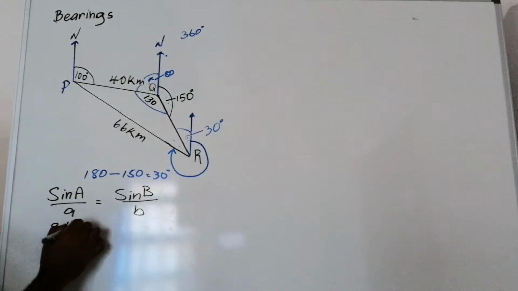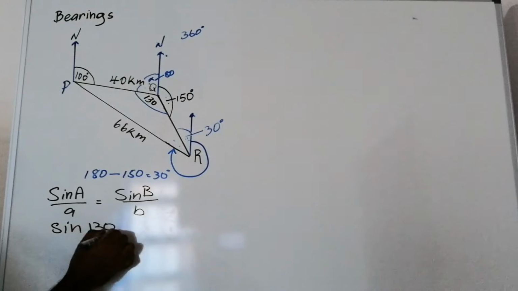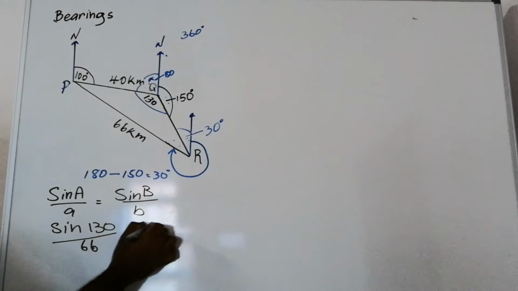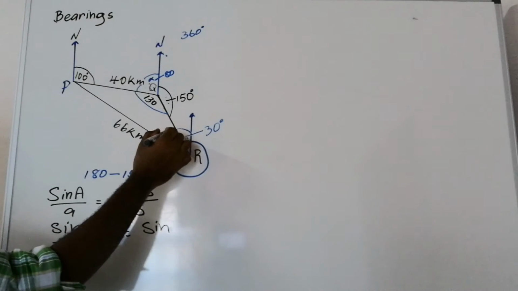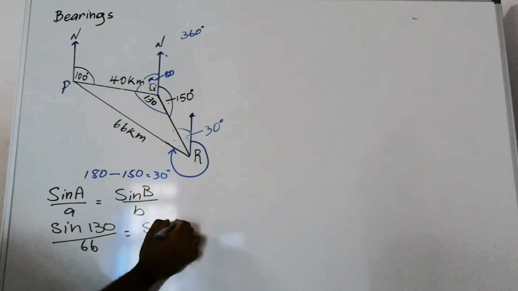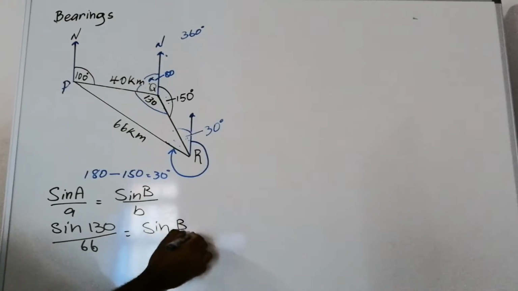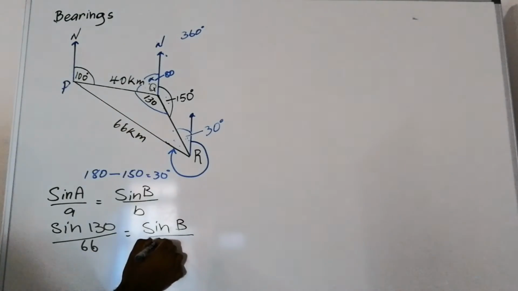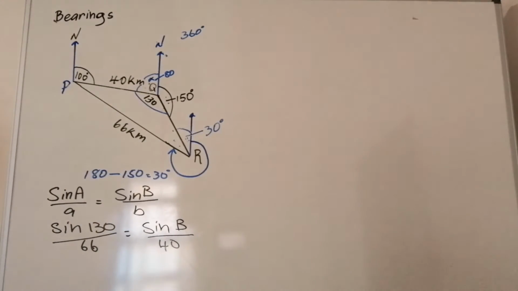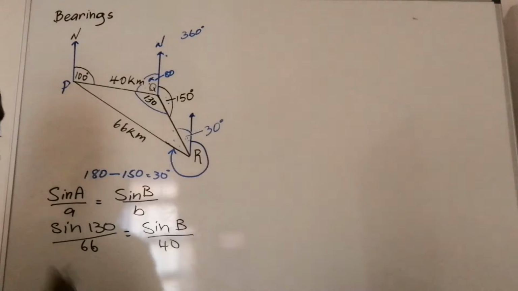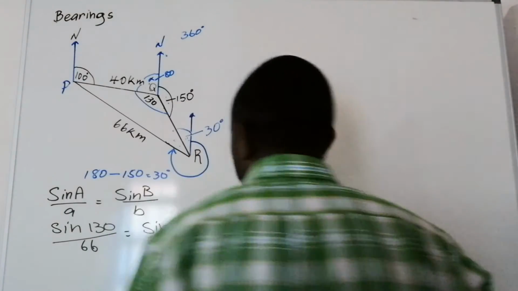So sine 130 over 66 is equal to sine, this is what we're trying to find, let's call that sine B, over the side which is 40. So let us work that out to find our angle.